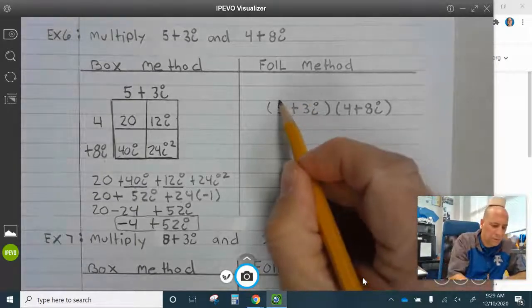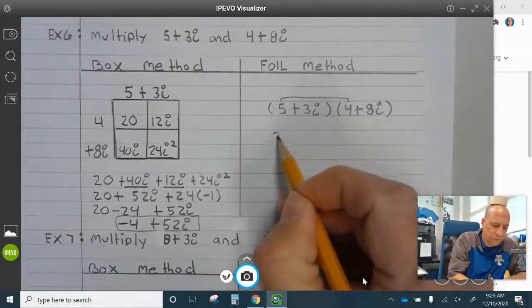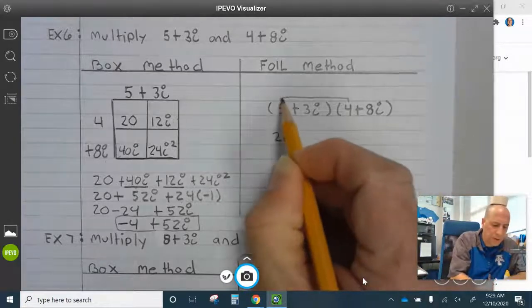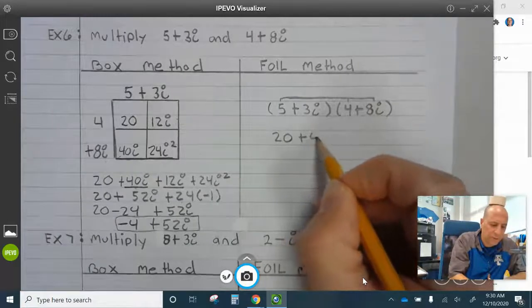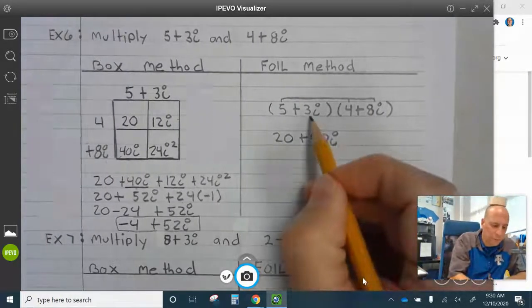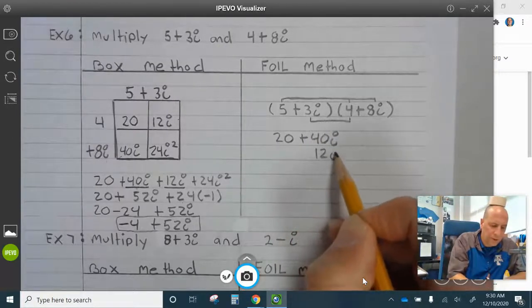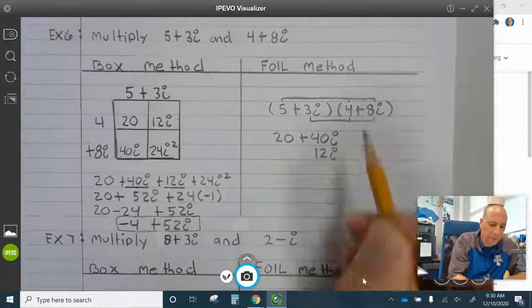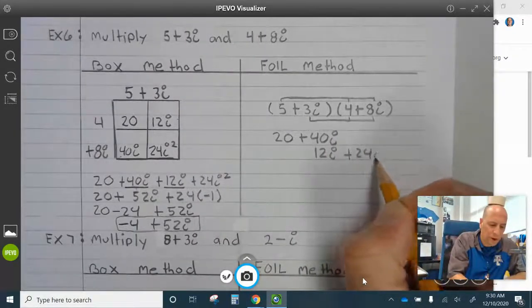Now FOIL. We do 5 times 4, so that's 20, and then 5 times 8i, so that's plus 40i. Now we do 3i times 4, which is 12i, and then 3i times 8i, so that's plus 24i squared.